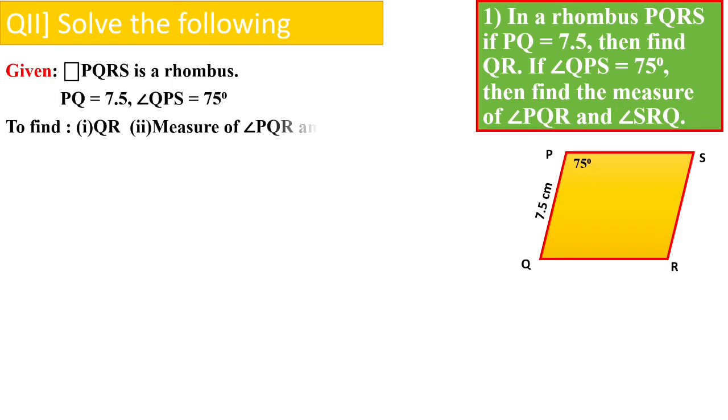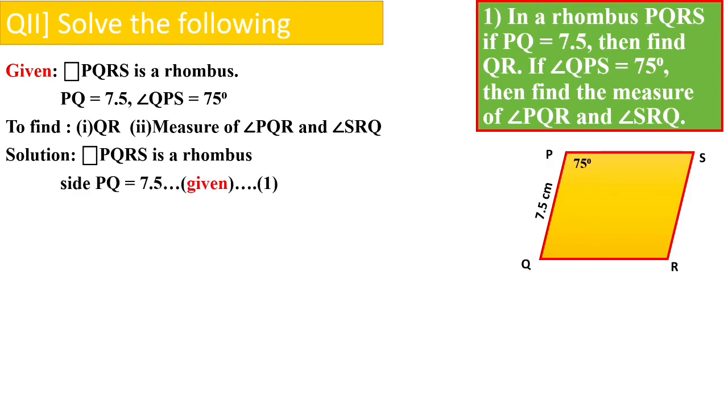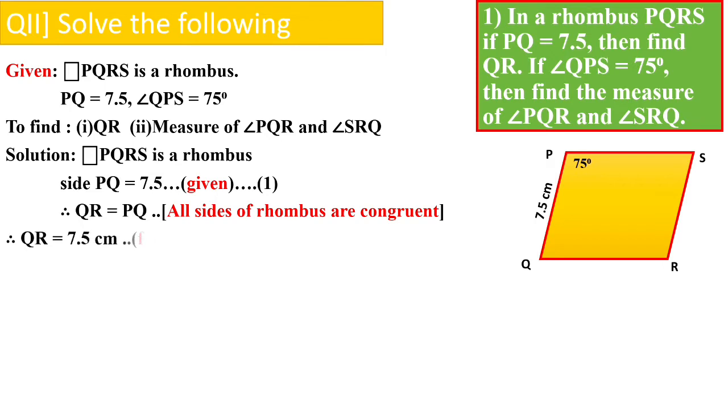Then we will write what to find. Then solution. In a rhombus PQRS, all the sides are equal. But side PQ is given 7.5 cm. Then QR is also 7.5 cm because all sides of a rhombus are congruent.